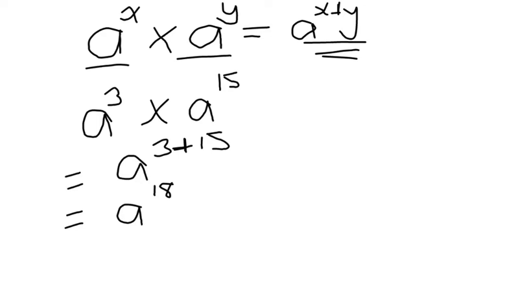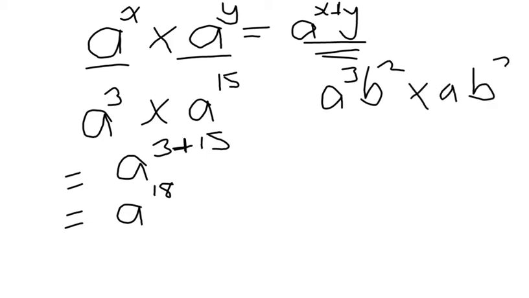What about if we had an example like this? a to the power of 3, b to the power of 2, times a, b to the power of 3. Now we're looking at two variables, aren't we? We've got a as one base, and b as a second base. So what should we do first? We should group like terms. We should group our a's together and our b's together.